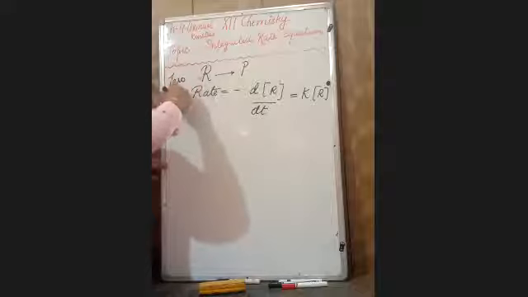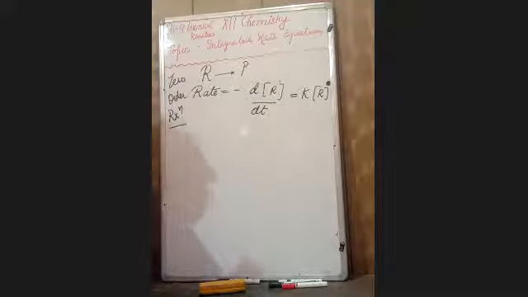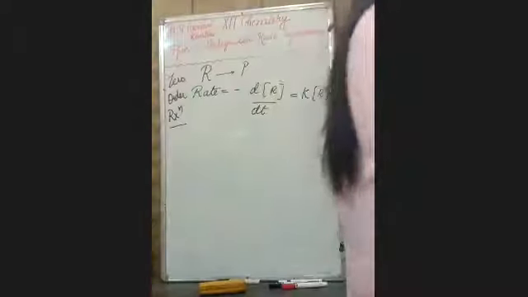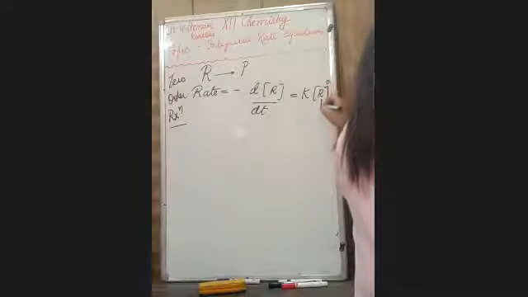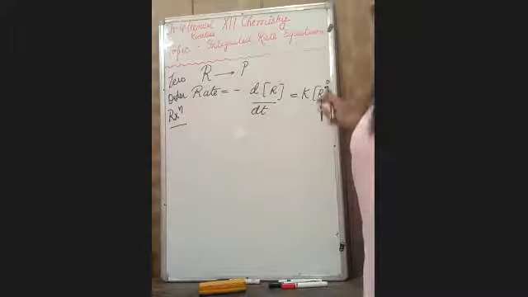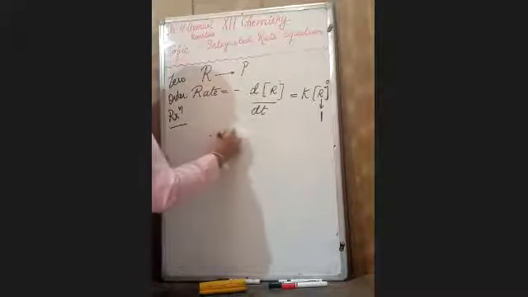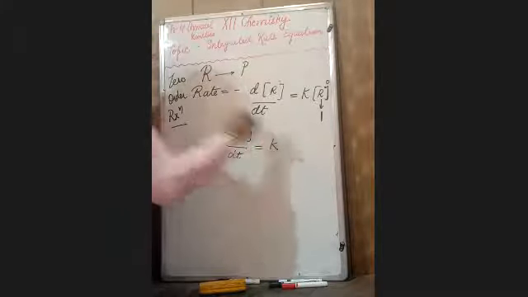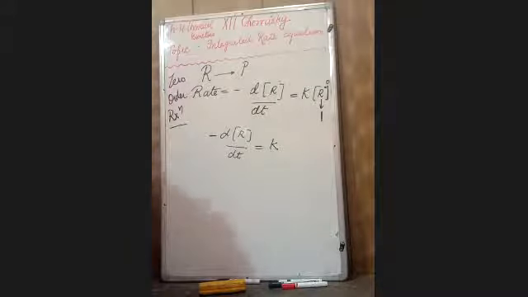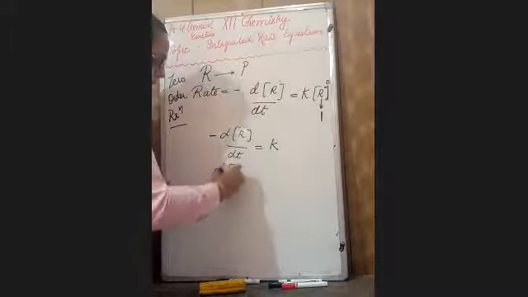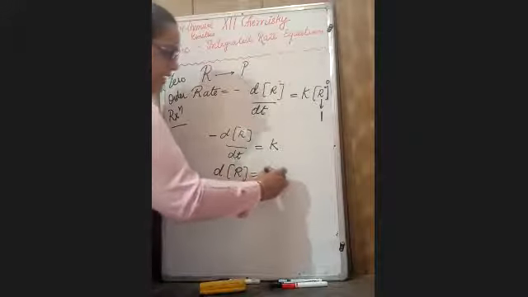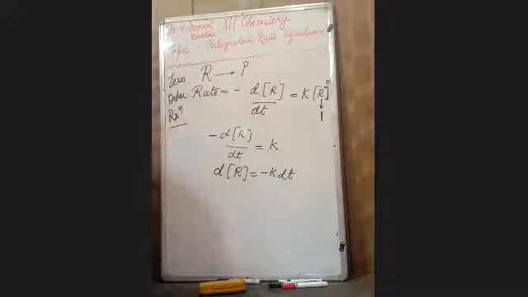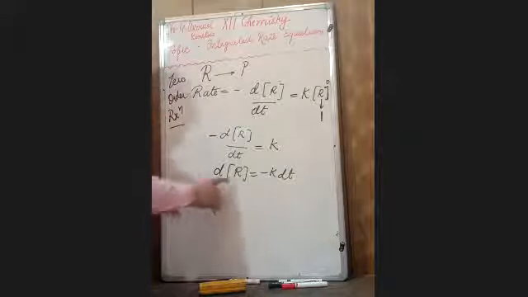We are taking a zero order reaction in which rate is directly proportional to the zero power of concentration of reactant. It means this quantity is 1. It is unity. So minus dR over dt is equal to k, or I can write dR is equal to minus k dt. Simple. No problem.